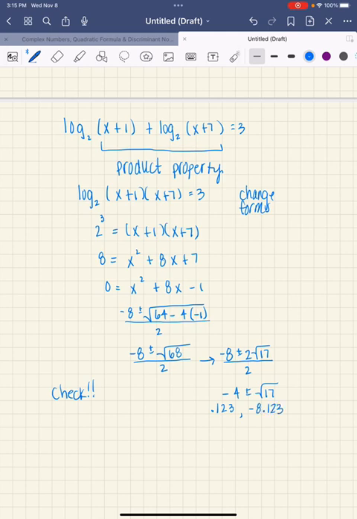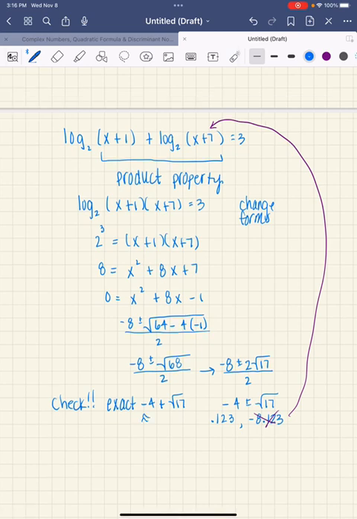Okay, well, negative 8.123 is not a viable answer. When you plug it in and check, you're going to get a negative argument. So the only answer to this problem in exact form, the exact answer would be negative 4 plus root 17, and that would be approximately 0.123.